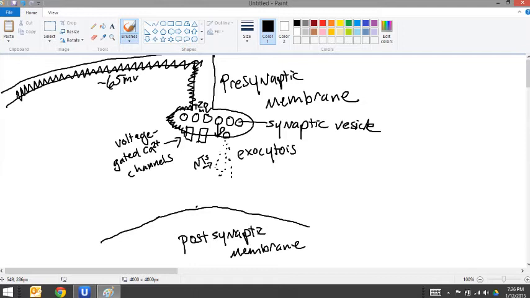Okay, so those are the neurotransmitter molecules, and then what those do is they will diffuse across the synaptic cleft here. This space in between the presynaptic membrane and the postsynaptic membrane is the synaptic cleft.